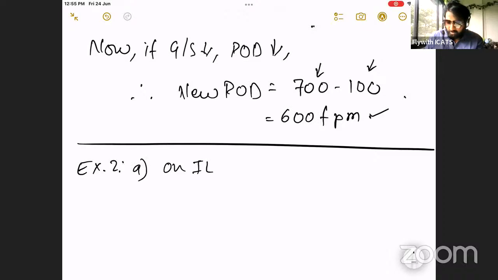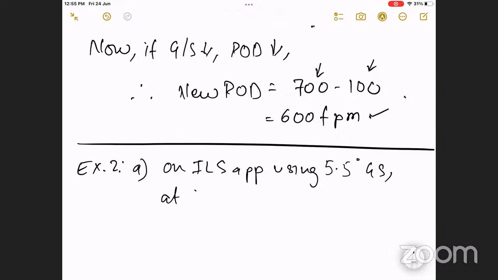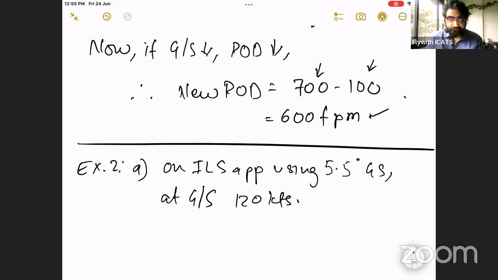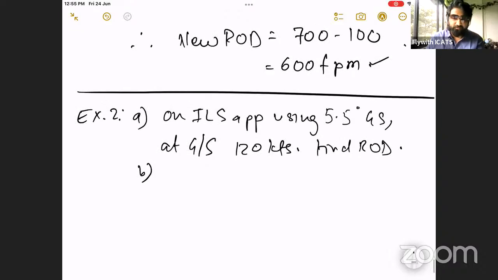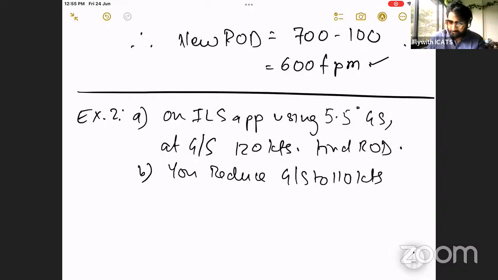On ILS approach, using a 5.5 degrees glide slope at ground speed 120 knots, find ROD. Second part of the question: you reduce ground speed to 110 knots approaching the runway.